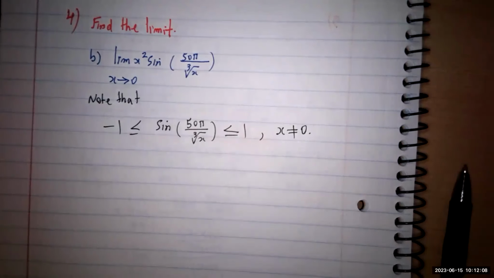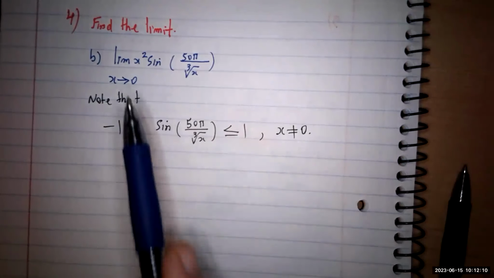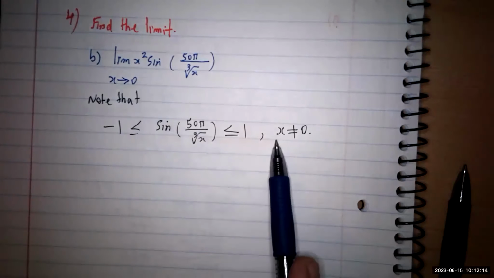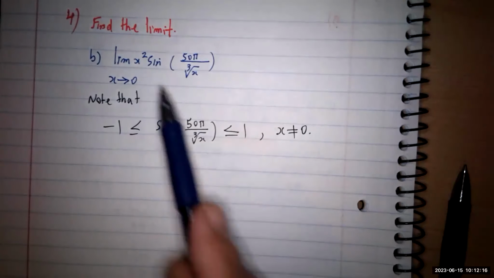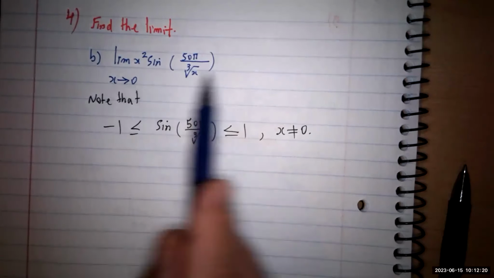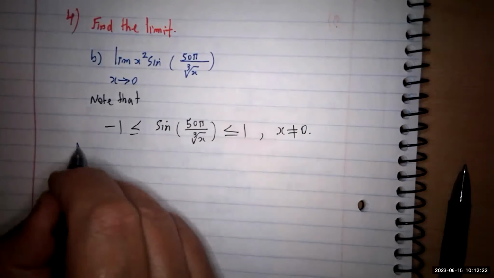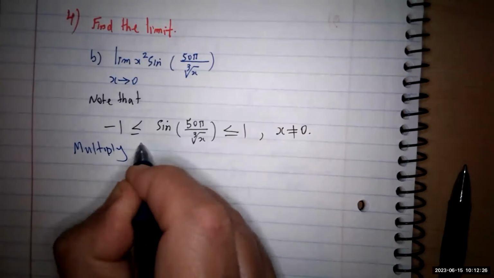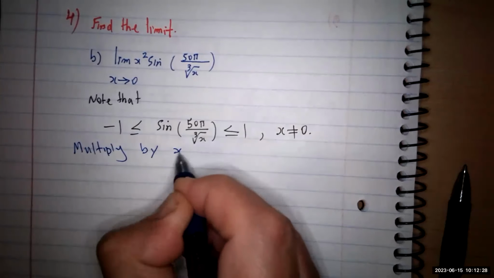Now create whatever you like. If you want x squared, multiply by x squared. If you need x to the 5th, multiply by x to the 5th. So multiply by whatever you need, by x squared.